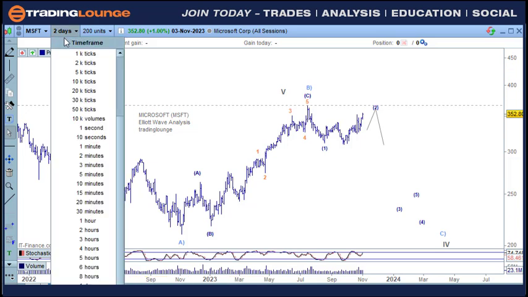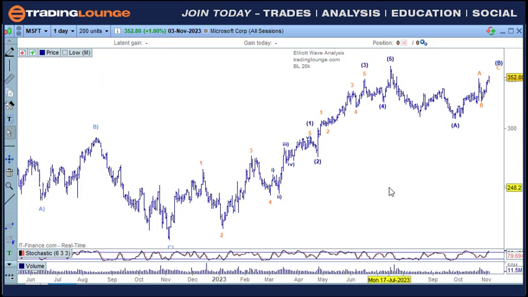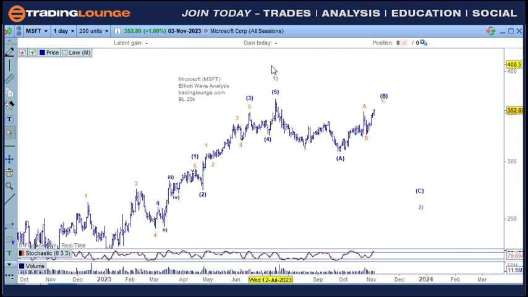So on the other side of this is the other count, where we can put wave 1 over here and look at this here as an A wave here, and then A, B, C for the B wave up here. I don't think I can take it up as a C wave unless I ignore the spike. I could do that. I could go 1, 2, 3, 4 here, or 3, then an A and a B and a C for wave 4, and then 5 waves up here.